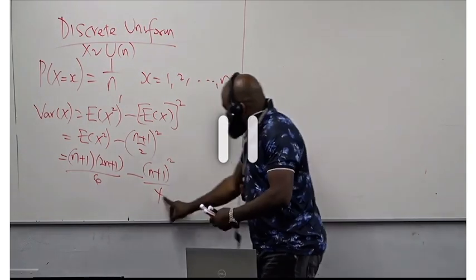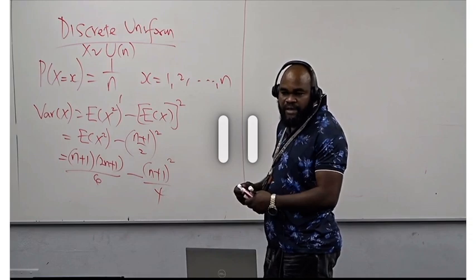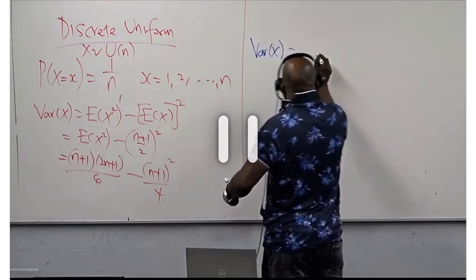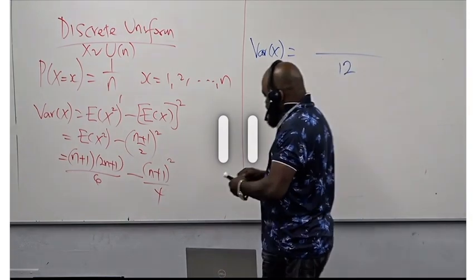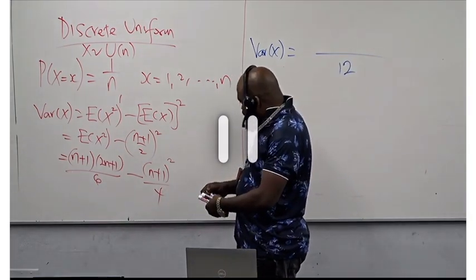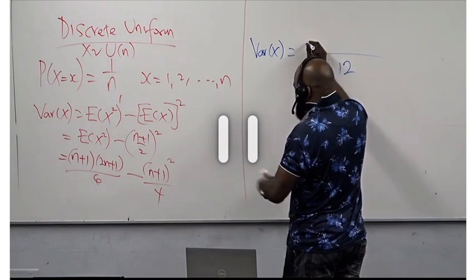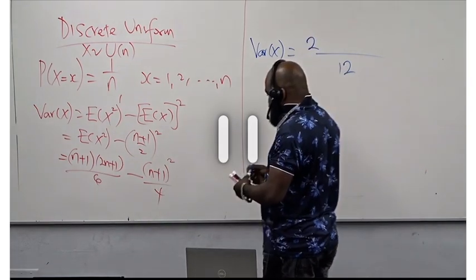Now, what is the LCM? That would be 12, right? So don't forget, the variance of s, this is 12. And 6 goes into 12 twice.